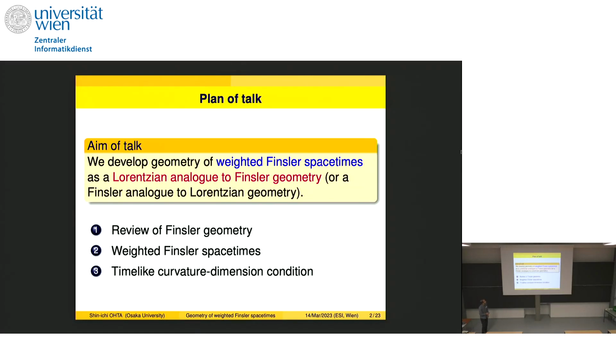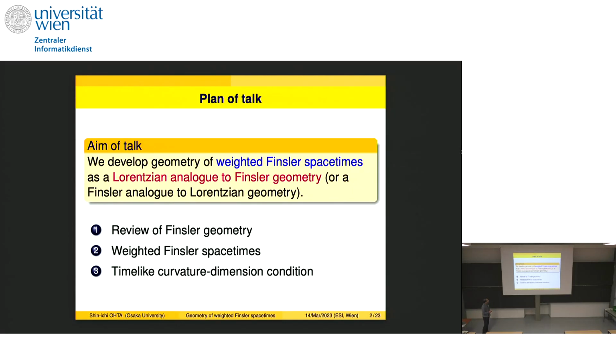And this is the plan. I first review Finsler geometry. It was already explained in the previous talk, but I will repeat some parts, and especially I explain the theory of Ricci curvature in the Finsler setting. Then I turn to the Lorentzian case and explain what can be done in the Lorentz-Finsler setting.